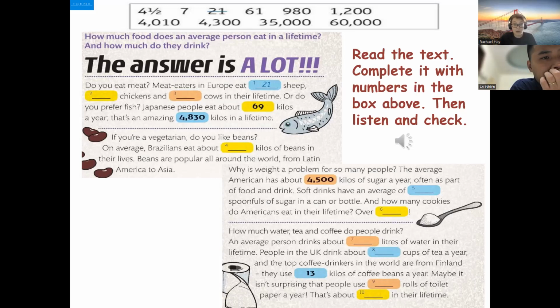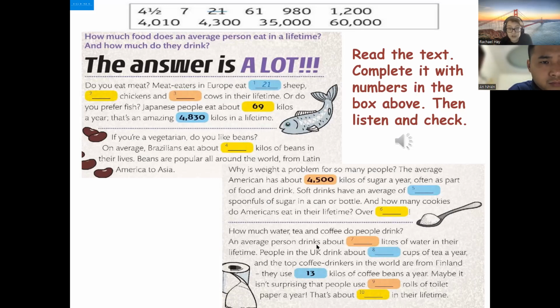Why is weight a problem for so many people? The average American has about 4,500 kilos of sugar a year, often as part of food and drink. Soft drinks have an average of blank spoonfuls of sugar in a can or bottle. And how many cookies do Americans eat in their lifetime? Over blank. How much water, tea, and coffee do people drink?